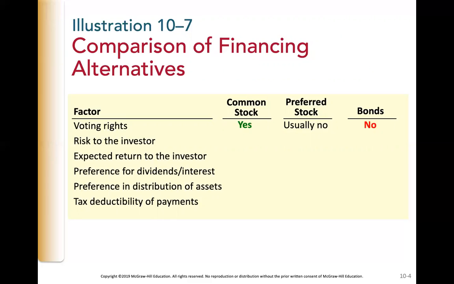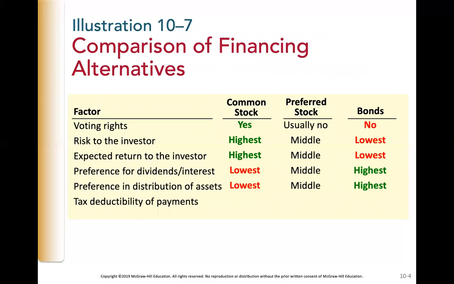They're giving up their right to elect the board of directors. So that's a big difference between common stock and preferred stock. You can see the risk and the expected return compared, preference for dividends, interest, and assets, and the tax deductibility of payments. But the biggest thing I want you to understand is this lack of voting rights for preferred stock.